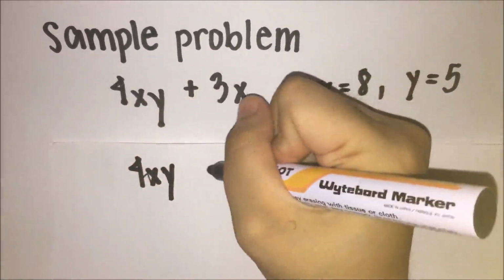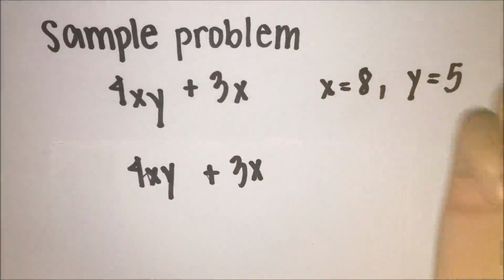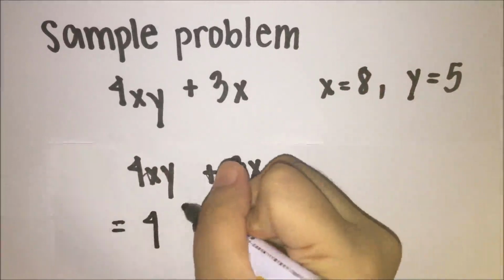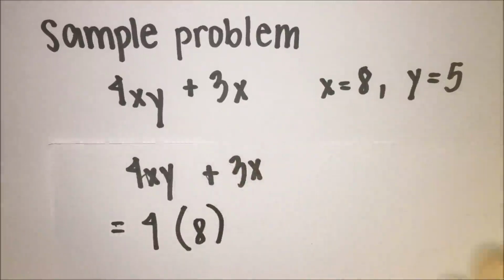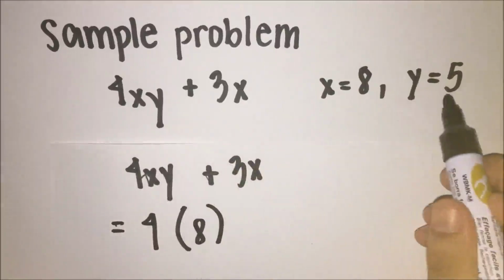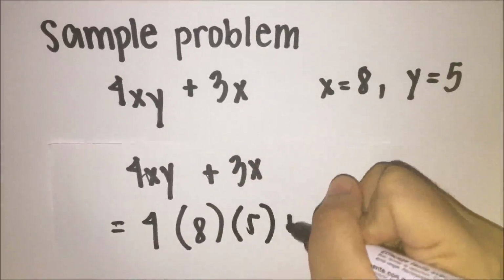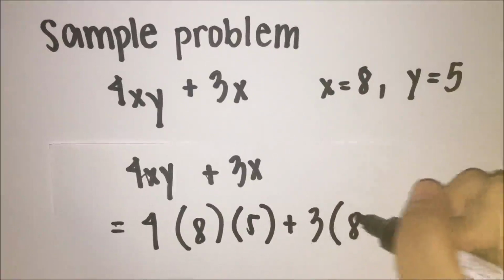So we are going to replace x with 8 and swap out y with 5. 4 times 8 replaced for x, and y replaced with 5, plus 3 times 8.